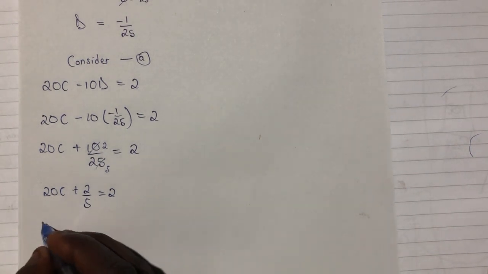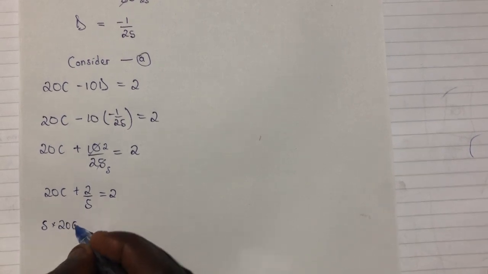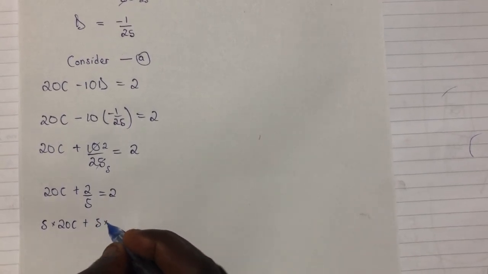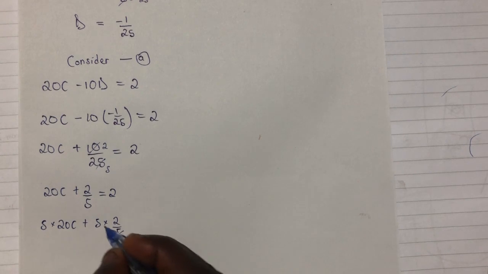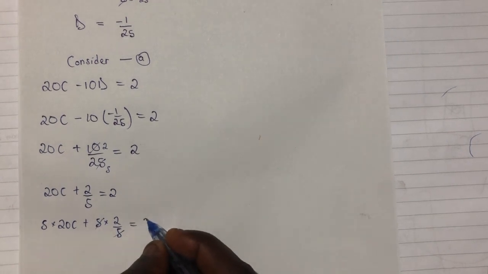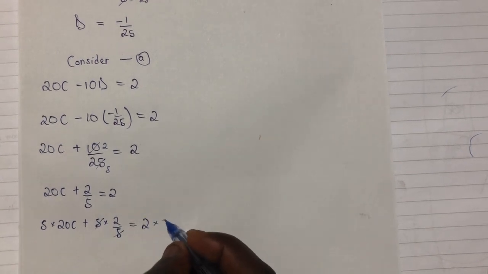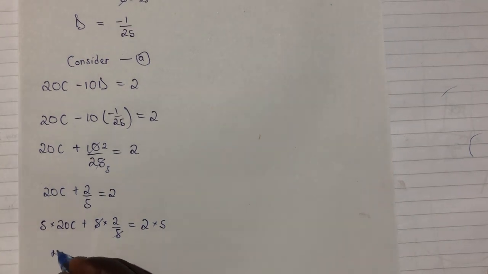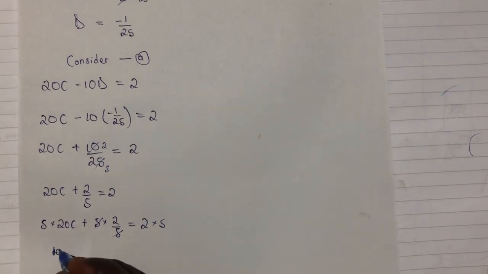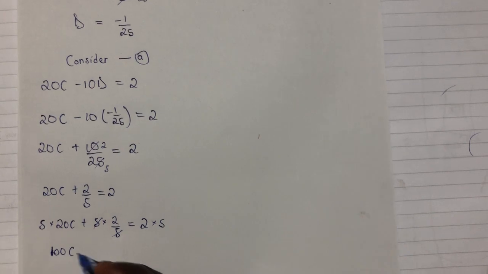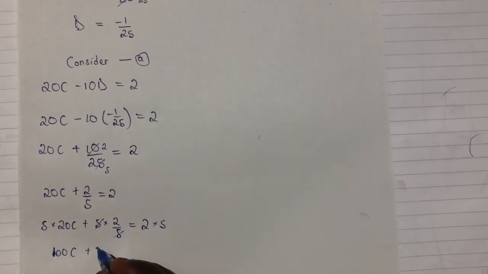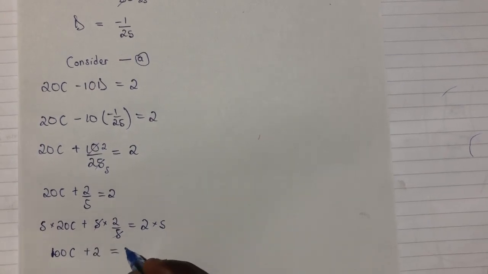This is 5 times 20C plus 5 times 2 out of 5, then this will cancel this, equal to 2 times 5. So I'm getting 100C plus 2 equals 10.